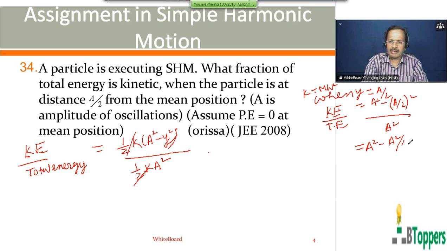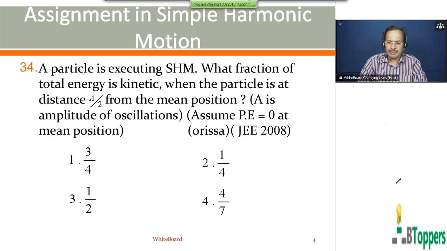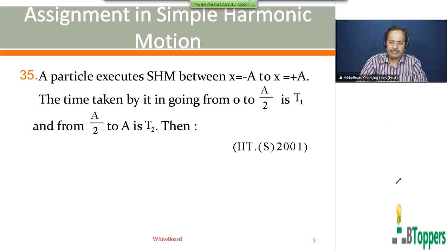If you want to copy the solution to the problem, you can take a pause and copy the solution of this problem. So you get answer as 3 by 4. So for question number 34, first option is the answer. See the question number 35.